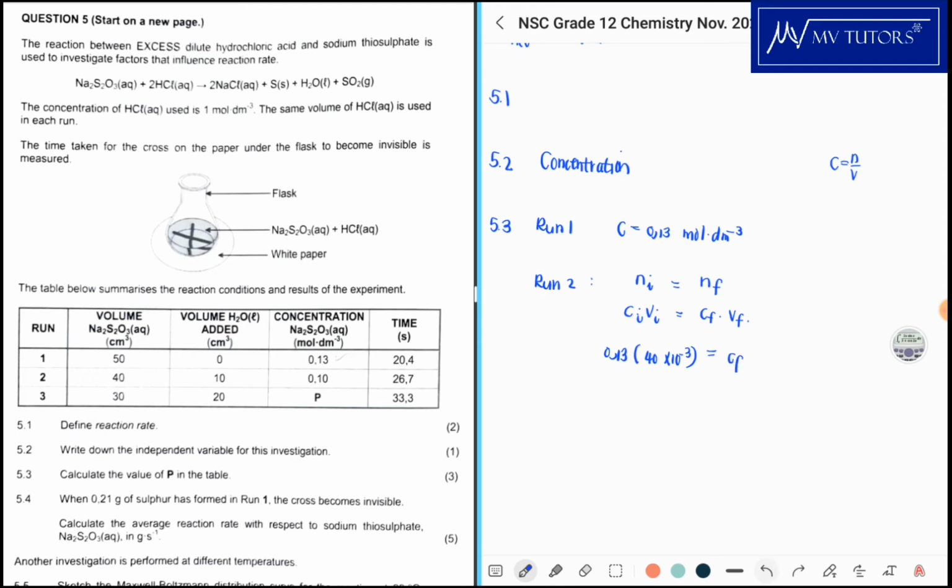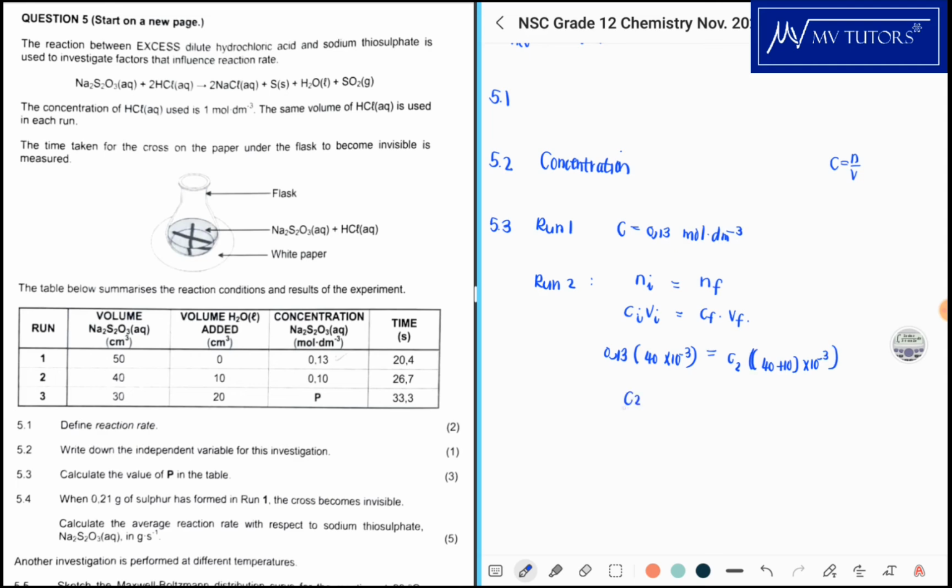What's the volume there? We have 40, but we have to look at the total volume. We also have 10 cubic centimeters of water. So 40 plus 10, all of this times 10 to the power negative 3.